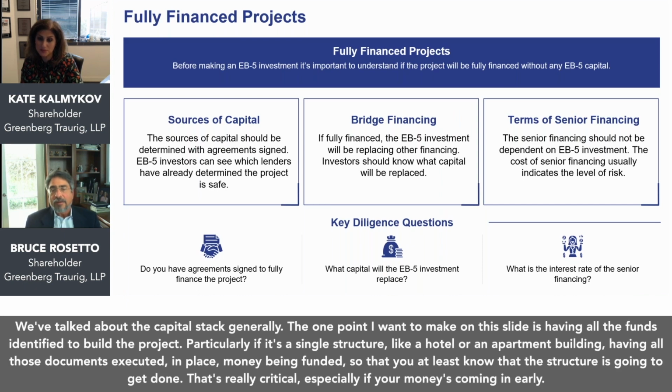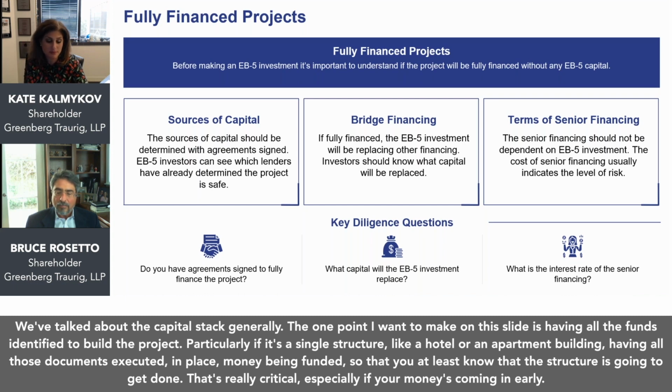Okay, I think we can skip over this. We talked about the capital stack generally. The one point I want to make on this slide is just having all the funds identified to build the project, particularly if it's a single structure, like a hotel or an apartment building, like having all those documents executed in place, money being funded, so that you at least know that the structure is going to get done.